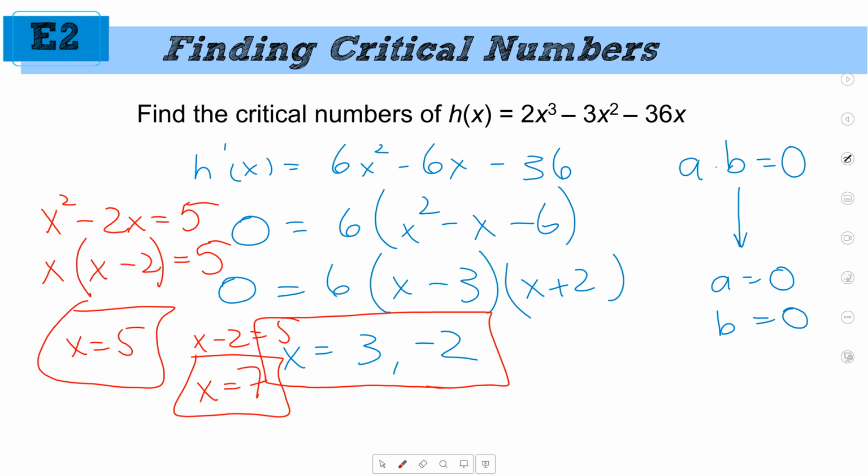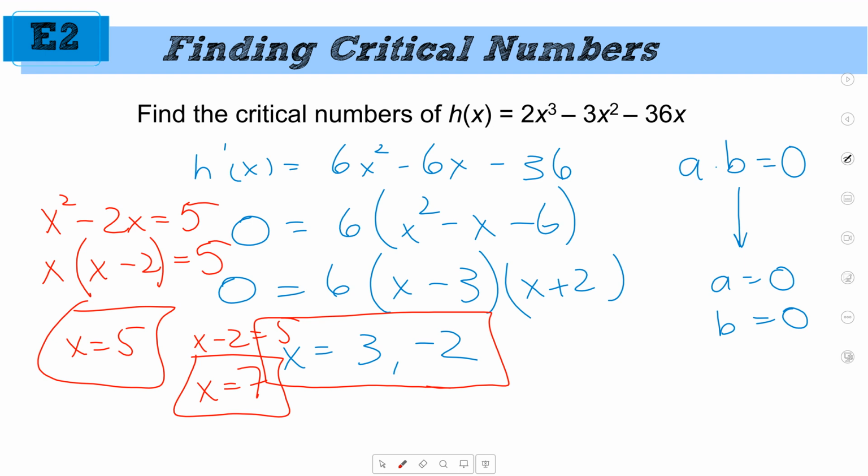Does that function have an absolute max or an absolute min? Why are you furrowing your brows at me, Jack? Since it goes infinitely in each direction. Right. It goes infinitely in each direction, so the answer is no. It doesn't have an absolute max or an absolute min.